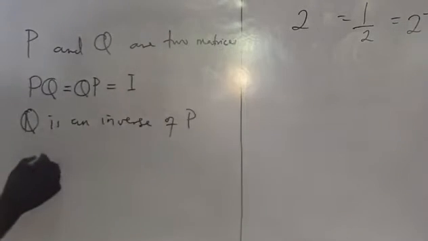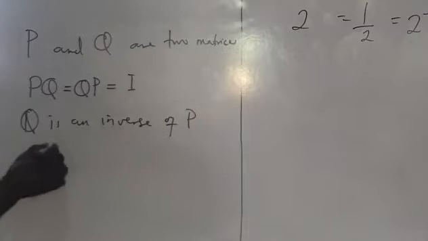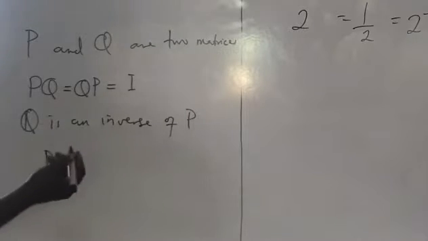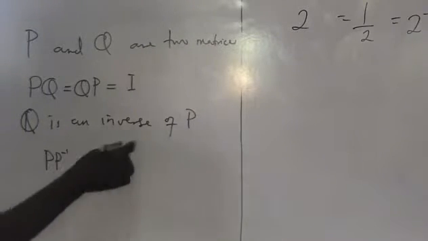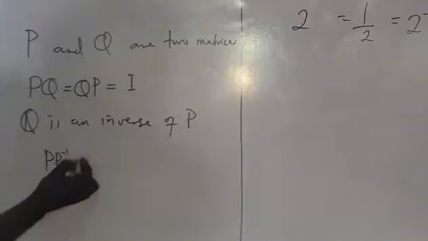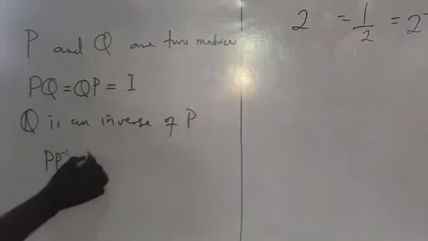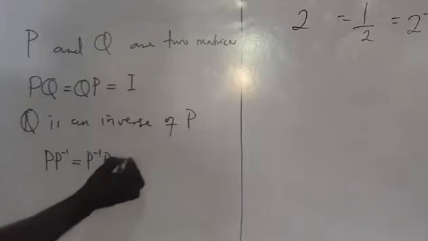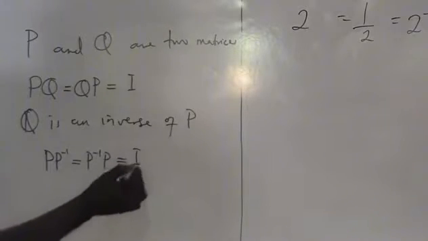That means P multiplied by its inverse, and the inverse of a matrix is written as raised to minus 1, as I've explained here, right? So P multiplied by its inverse, or the inverse of P multiplied by P, must give us a unit matrix. What is a unit matrix?